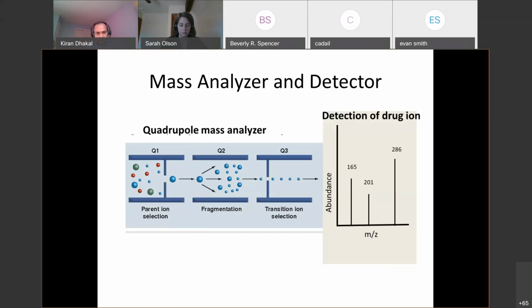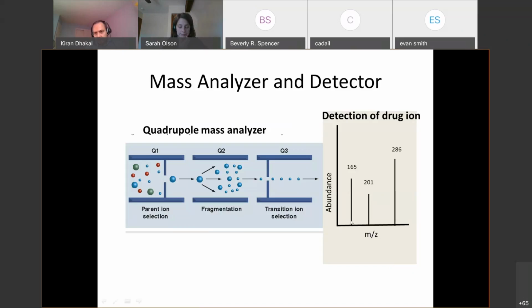Then there is another mass filter at the entrance of the third quadrupole, where you can again program your instrument: just take this fragment for this molecule.